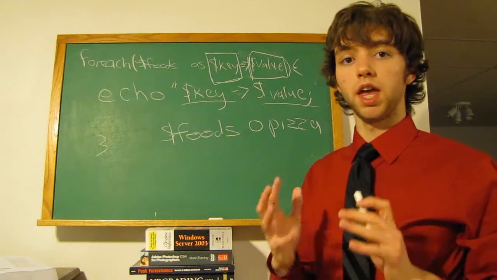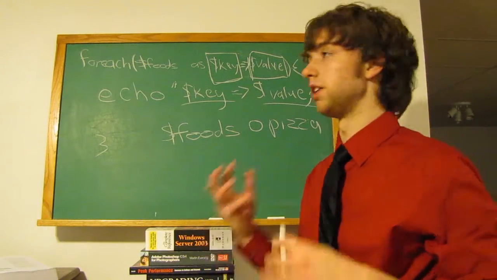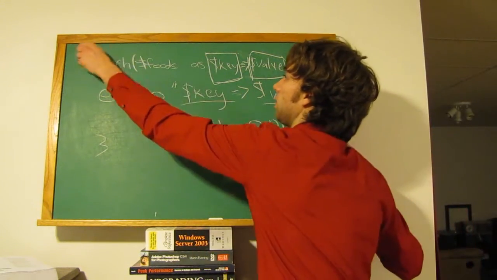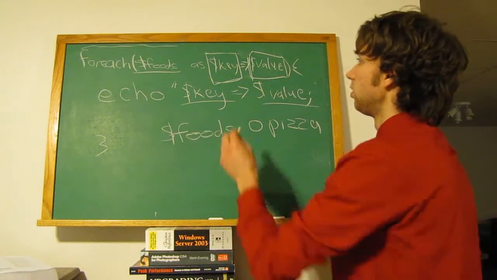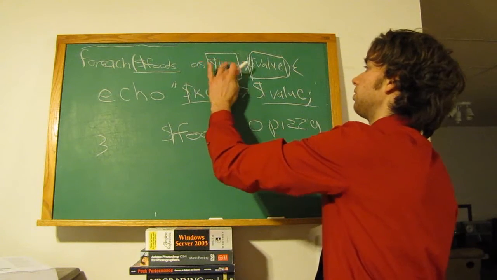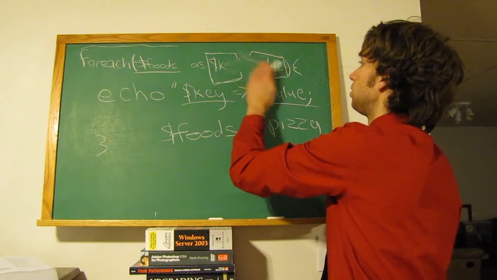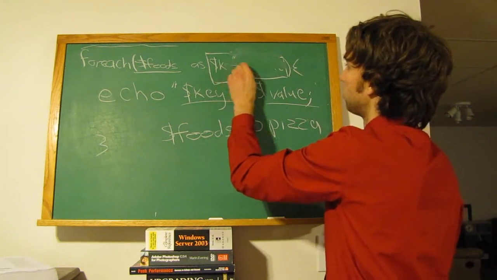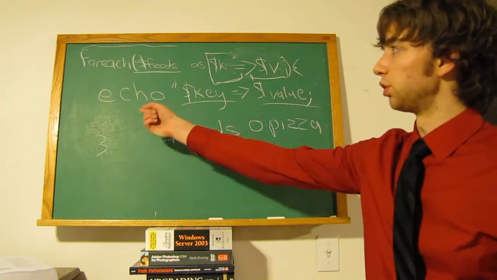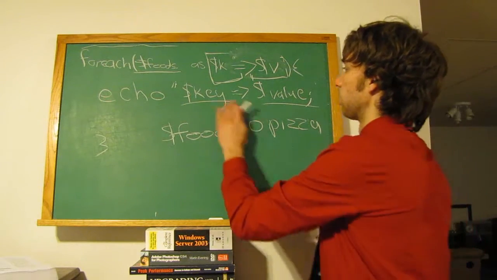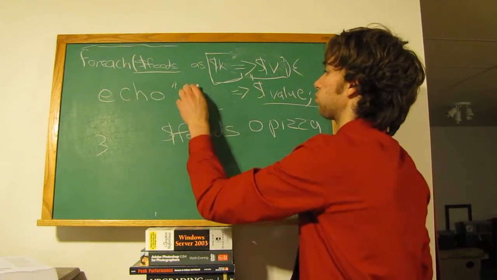But they are not predefined in the program. So these are not defined up here. This one is. So we can pretty much name these whatever we want. So we could say k points to the variable v. And then when we're using them within the block of code, we're going to have to use the name appropriately.